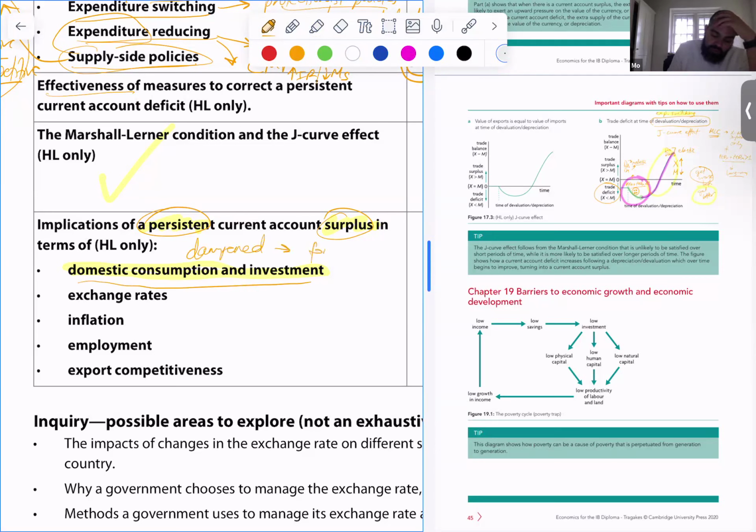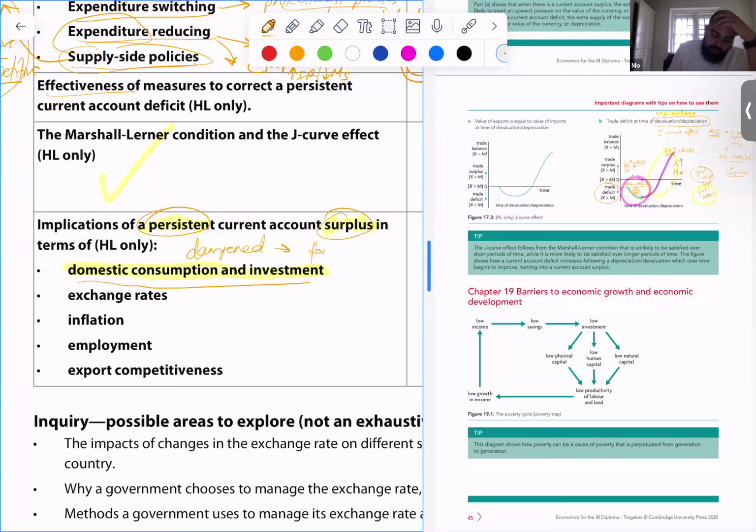It can be inflationary. Sorry, not inflationary. It causes your exchange rate to appreciate unless you have a fixed exchange rate. It can add pressure on the exchange rate to appreciate, which over time will make your exports more expensive and imports cheaper.